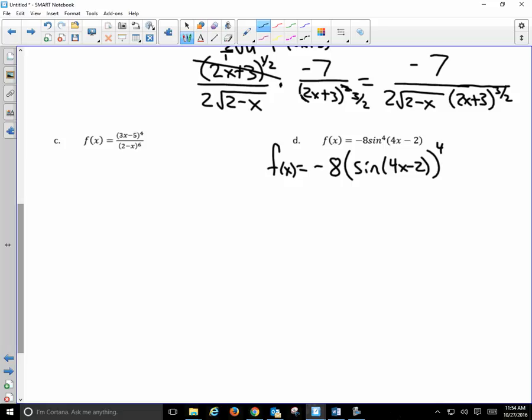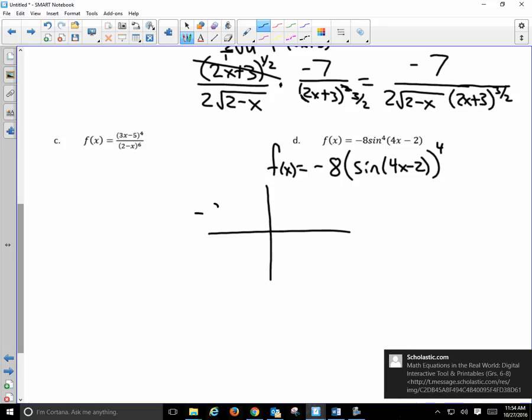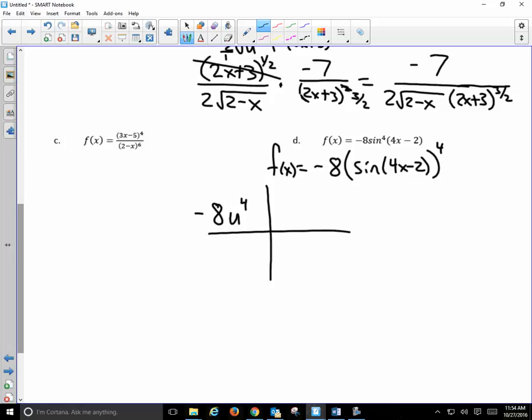So, what rule do you think I have to use? I do have to use the chain rule. The question is, can you identify the outermost structure of the chain rule? Very, very good. Negative 8 u to the 4th power. So what is the inside?